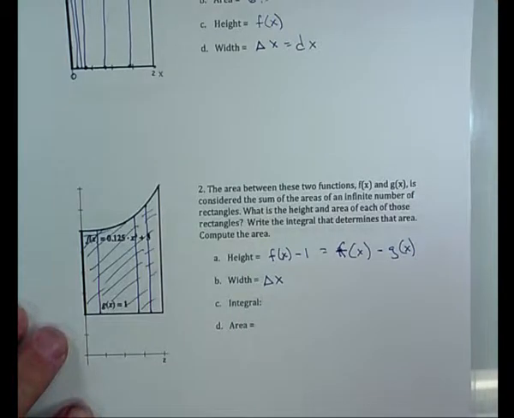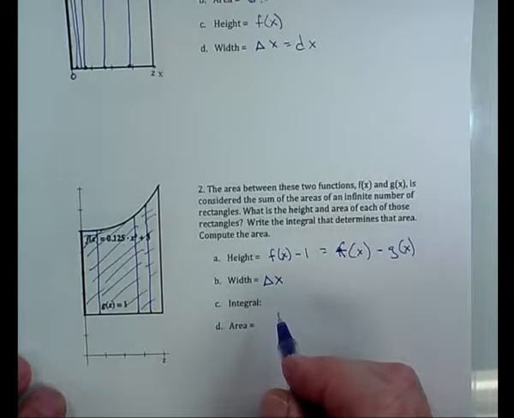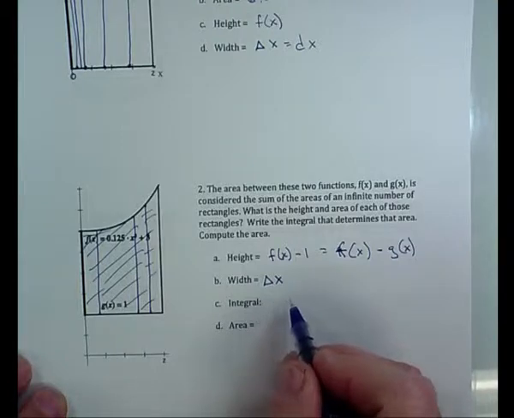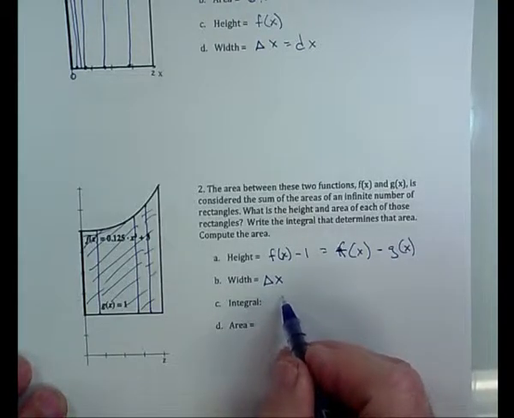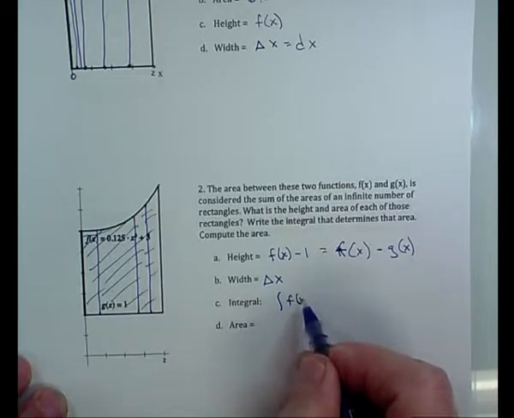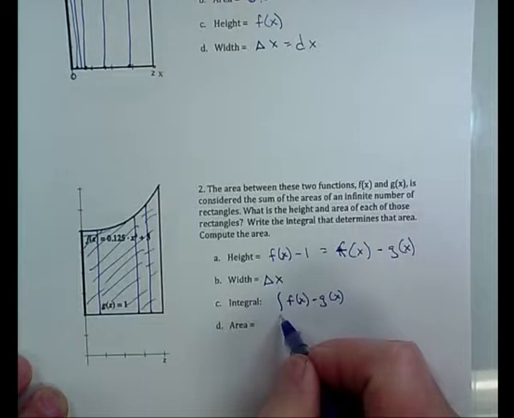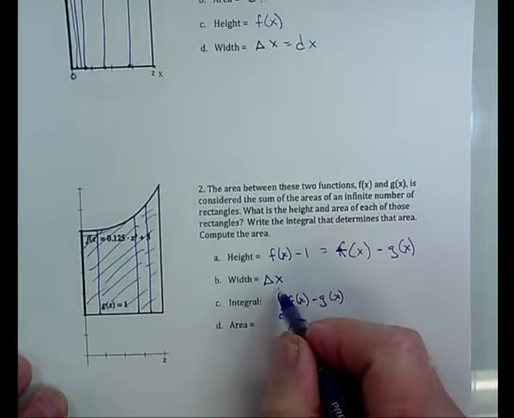Okay? So what's my integral to figure out the area of this space, do you suppose? The integral of f of x minus g of x, and it goes from 0 to 2.